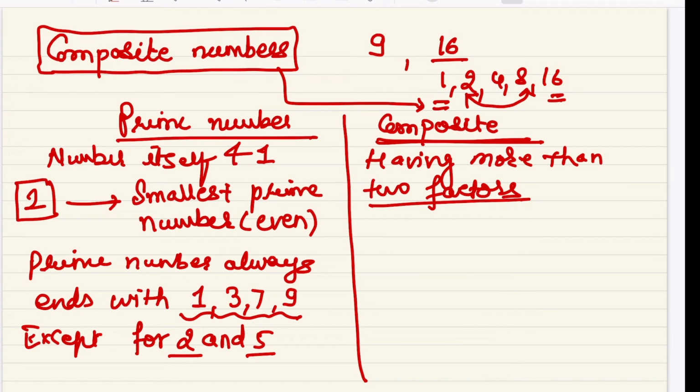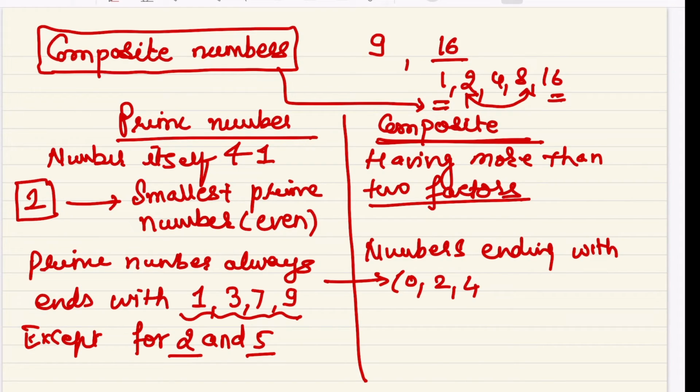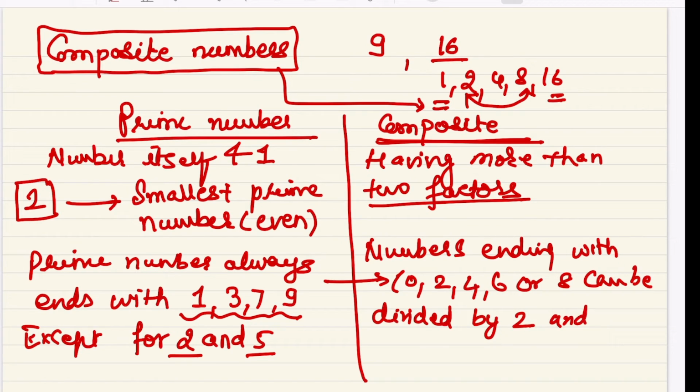Numbers ending with 0, 2, 4, 6 or 8 can be divided by 2, and numbers ending with 5 can be divided by 5.